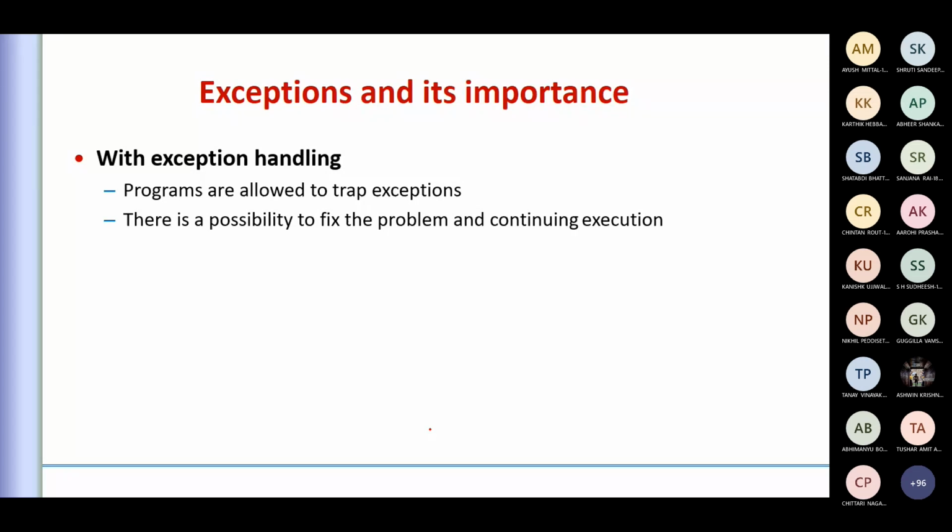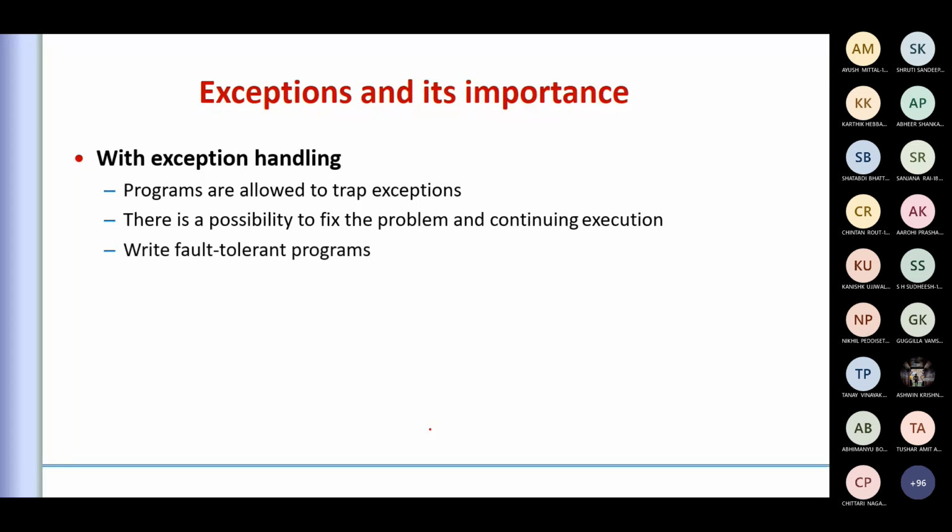And there is a possibility to fix the problem and continue the execution. Say, for example, if a divide by 0 is entered, you can always ask the user, please don't, since it is a divide by 0 error, can you enter a different number. So you can give continuation to whatever work we are doing.